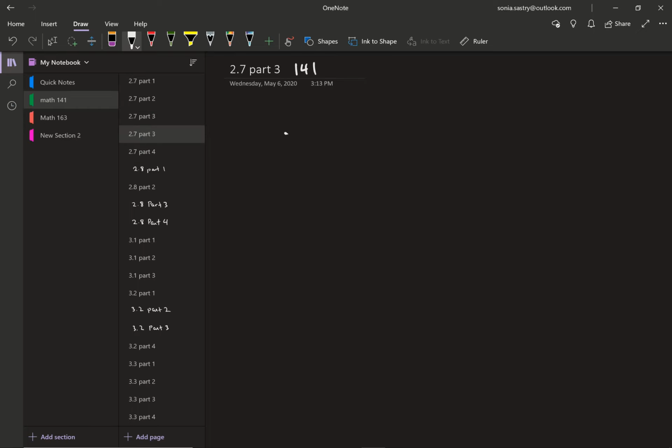Okay, so we're going to start or continue 2.7, and we left off with an exercise where f of x was x squared minus 2 and g of x was x plus 5, and we want to compute g composed with f of x.